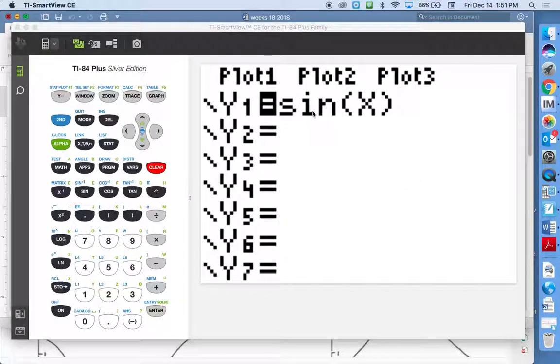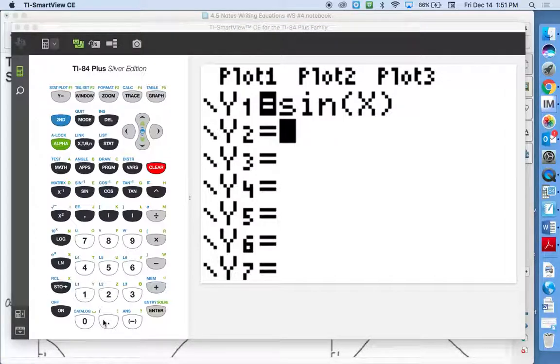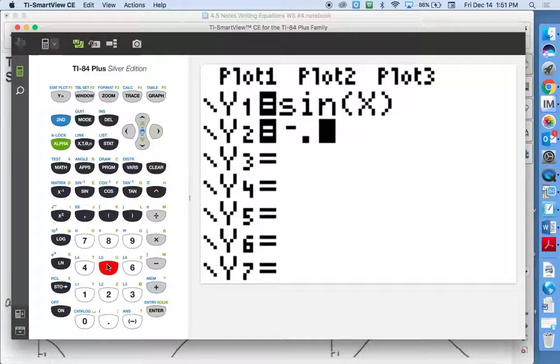And then in y2, we're going to type in what we want the y value to be. It said find x when y is negative 0.75. So we're going to type that in because we're graphing sine, and we want the y of the sine to be negative 0.75. So we might as well use the calculator to help us get that.